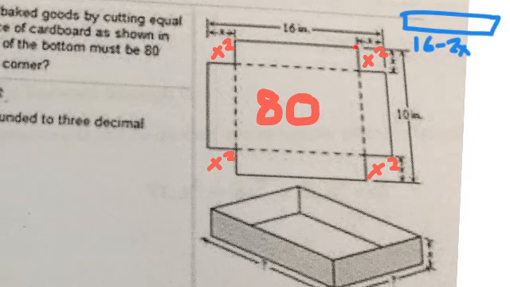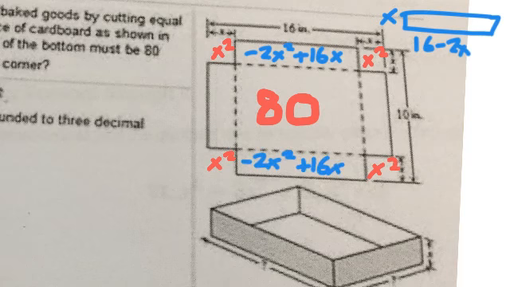And then the width of this piece is going to be x. So to find the area, we would just multiply that. So that would be, and again distribute, negative 2x squared plus 16x. And the same would be true for this bottom piece. It would be negative 2x squared plus 16x.